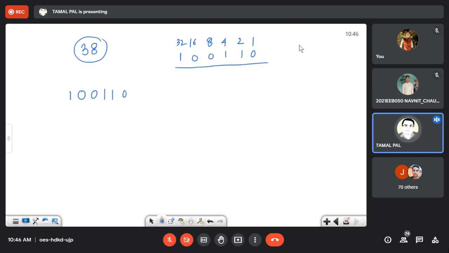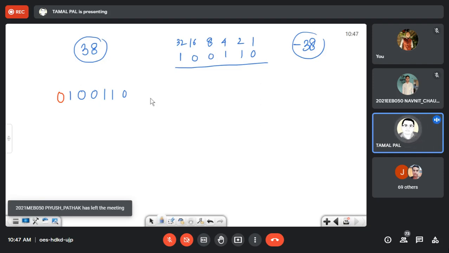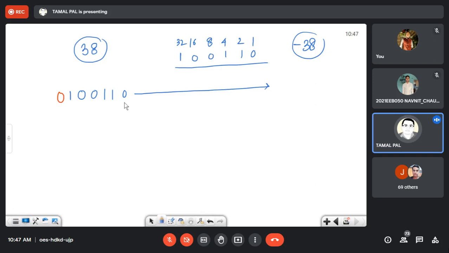So if I have to get minus 38, how do we get it? You place a sign before it. This is the positive 38, and in 2's complement you do the 2's complement operation on it.